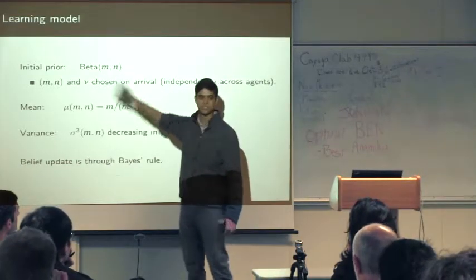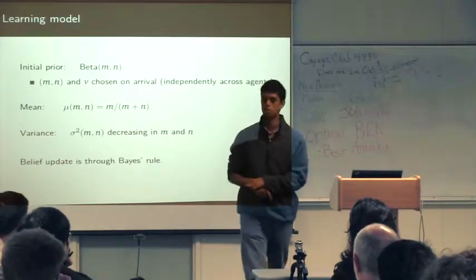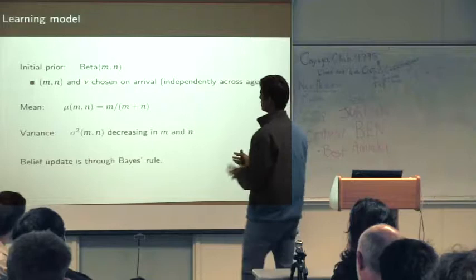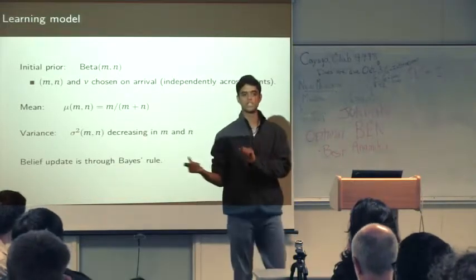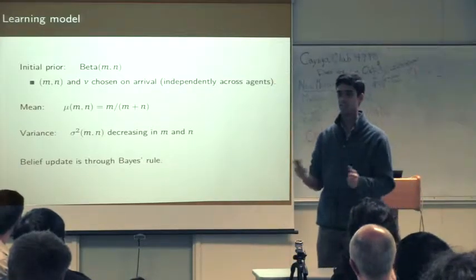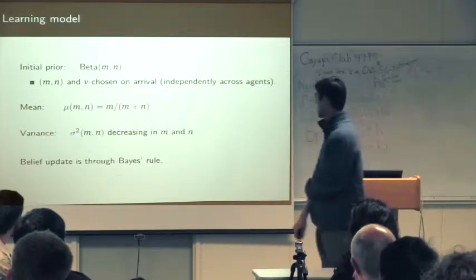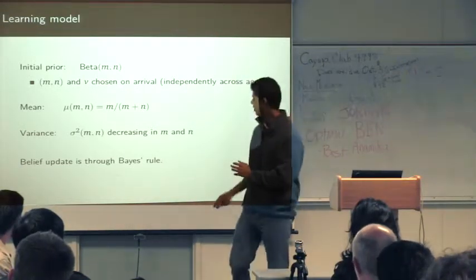This is a distribution characterized by 2 parameters, the mean and the variance for the prior. By varying these parameters, you can model advertisers with various different means and uncertainty about their valuation. And as I mentioned, the belief update is through Bayes rule. Let me explain how this happens.